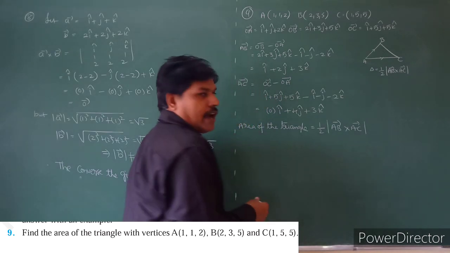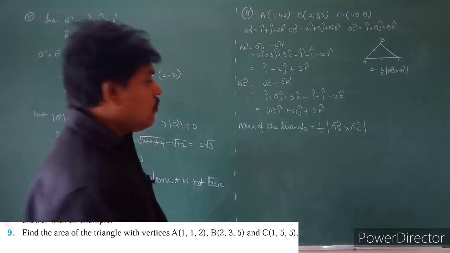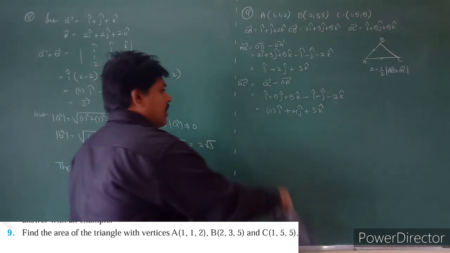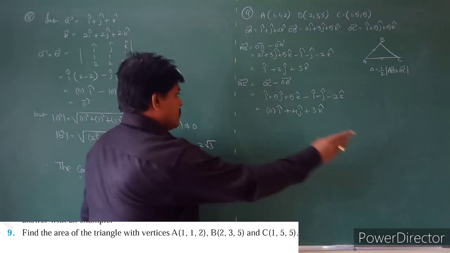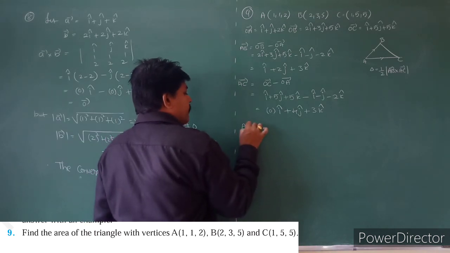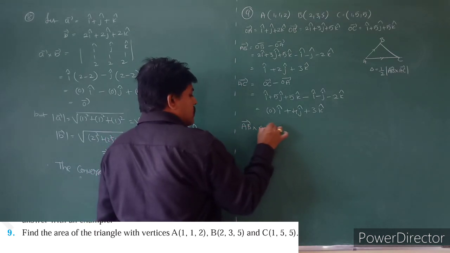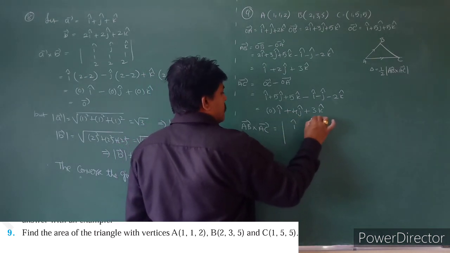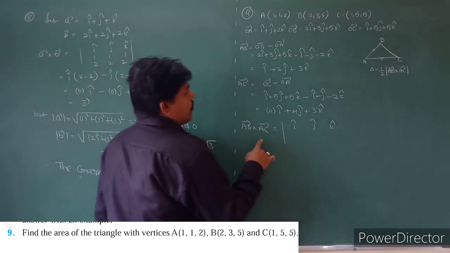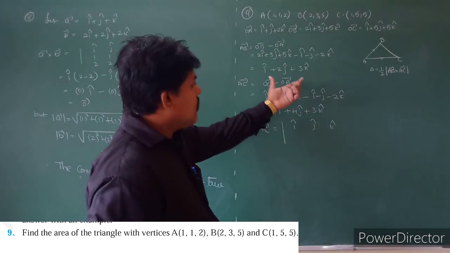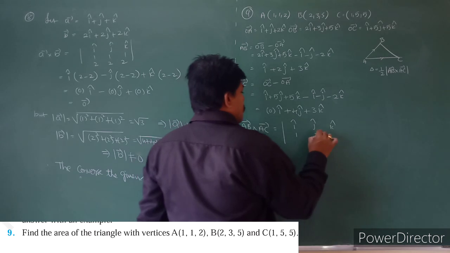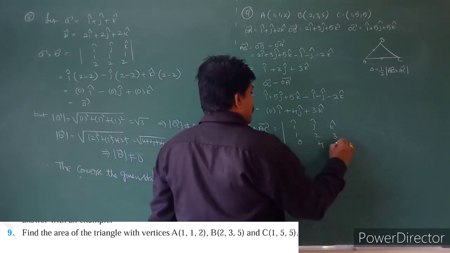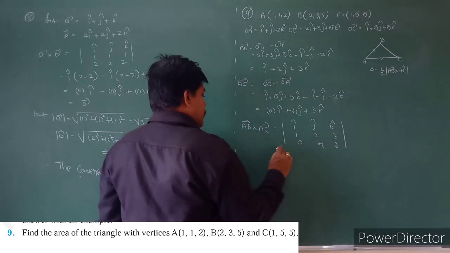This is the formula you have to use. For that, first I will calculate AB bar cross AC bar, then I will calculate its magnitude. First I will take the determinant with I, J and K. The AB bar vector has components 1, 2, 3, and the components of AC bar are 0, 4 and 3. So expand this.